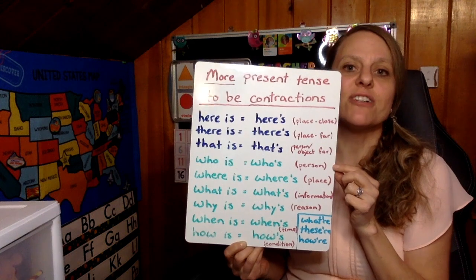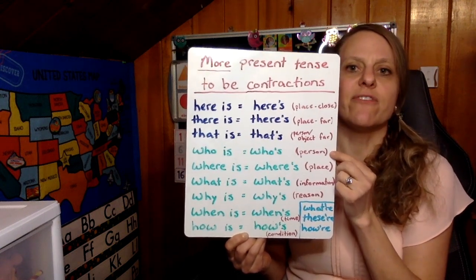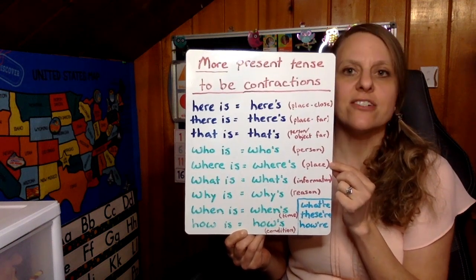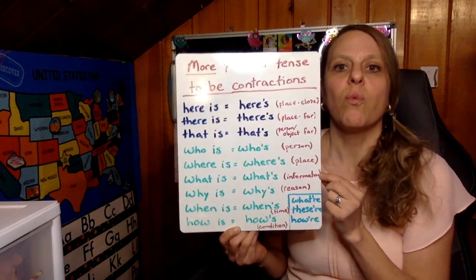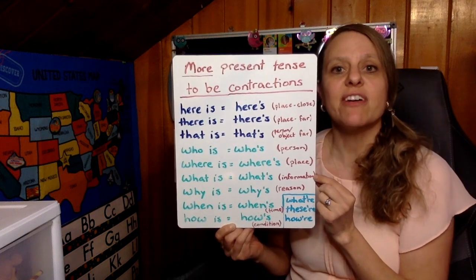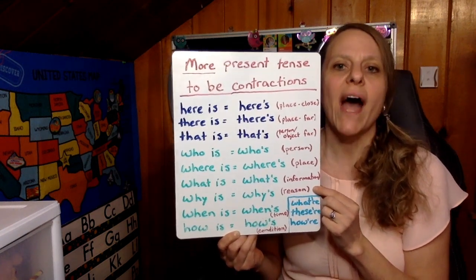Now the question words, who is, who's. It refers to a question about a person. Where is, where's. It refers to a question about a place. What is, what's. It refers to a question about information. Why is, why's.